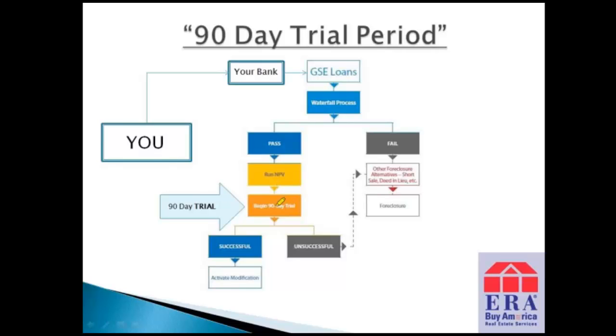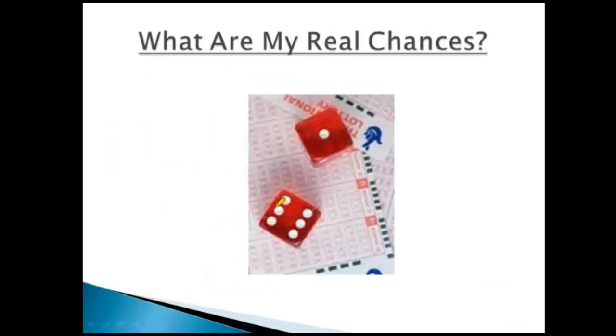The 90-day trial doesn't mean you get the loan mod. If they allow you to make a 90-day trial, you have to make your payments. You have to live up to some reporting requirements that they will then use in the NPV equations and so on. And so we've gone all this way, and we're not in a loan mod yet. So go ahead, Chase. Take it from there. I just wanted to recap.